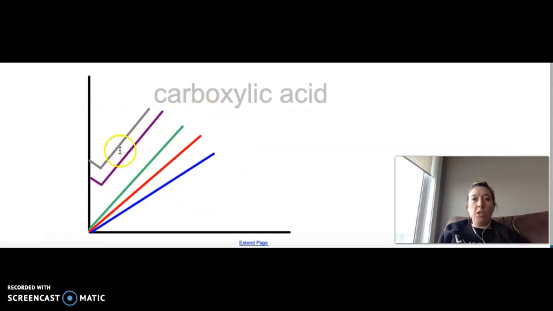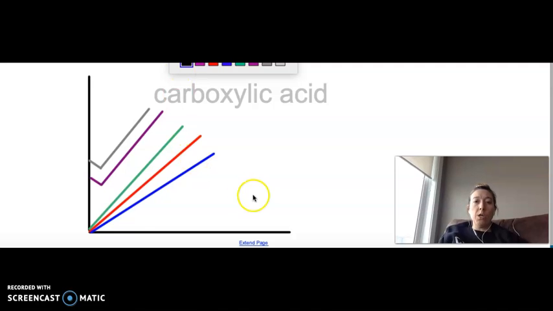Okay, so if we go back to our little pattern that we had going on here, I'm going to try to pick a color I haven't picked yet. Okay, so we had red as alkanes, blue as alkenes, this green as alkynes. We then said purple was our alcohols, and the gray was our carboxylic acid.